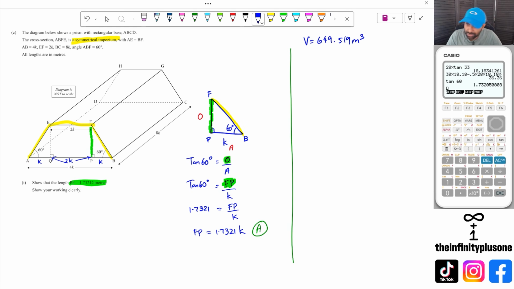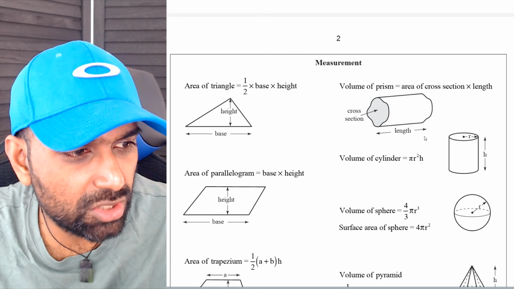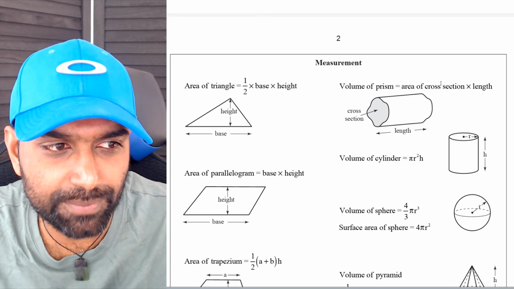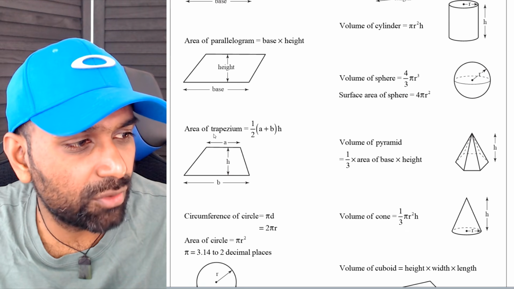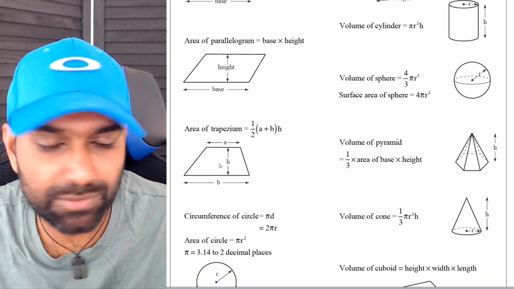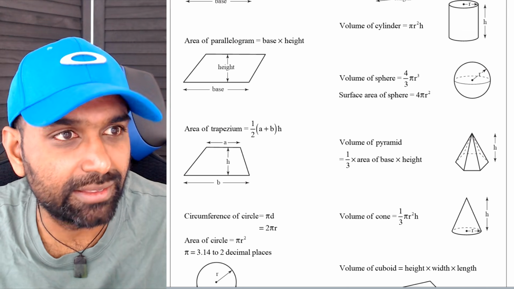So the equation for this, and I just want to double check this, and I think it has been given, yes. If we go to the formula sheet, we're going to use this one here, which is the volume of a prism is area of cross-section times length. The area of cross-section is actually the trapezium. That's the cross-section, and then we're going to multiply it by its length.